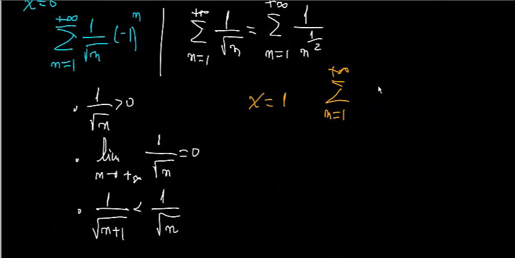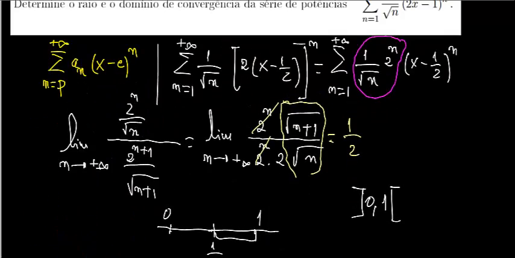So it is quite simple to understand that the general term of the series is 1 over square root of n, and this series diverges.